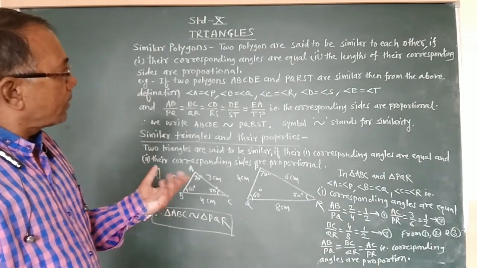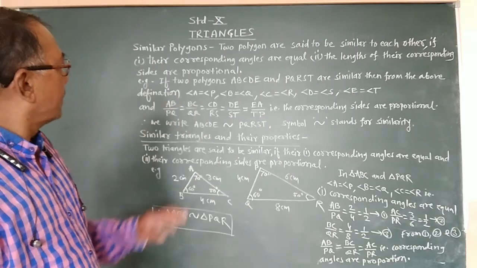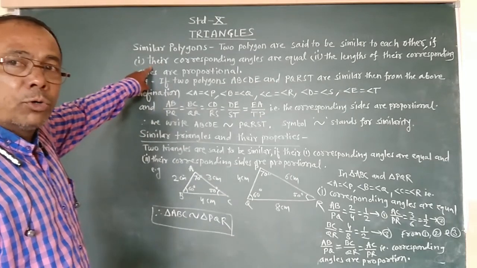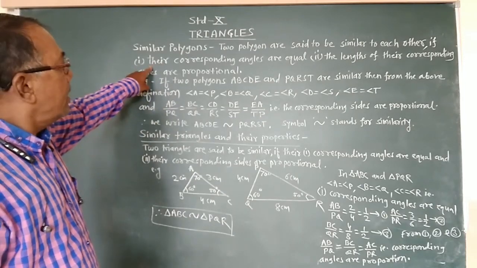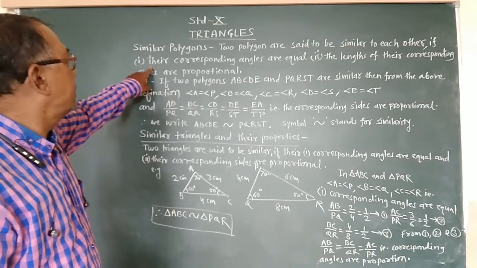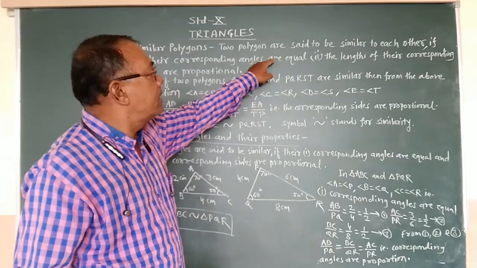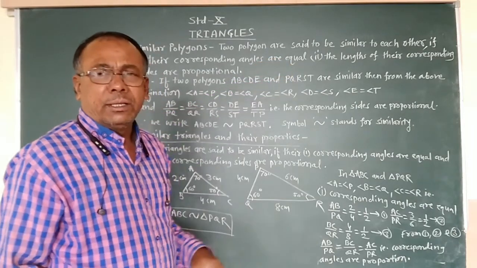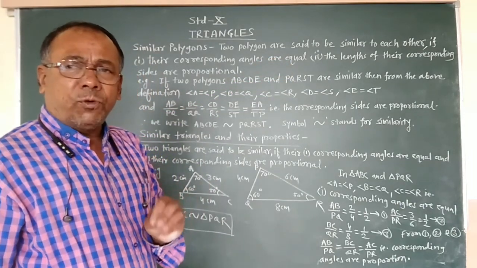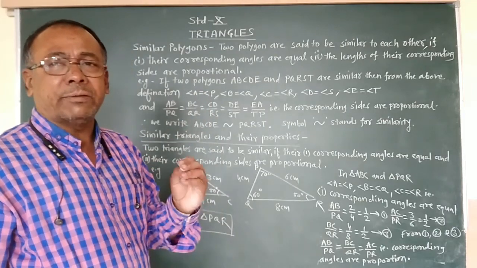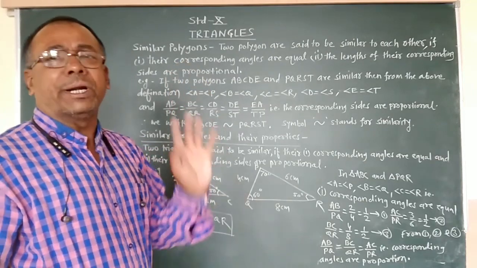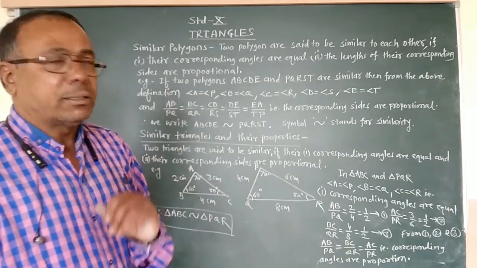The first condition, for congruency as well as similarity, is that their corresponding angles are equal.